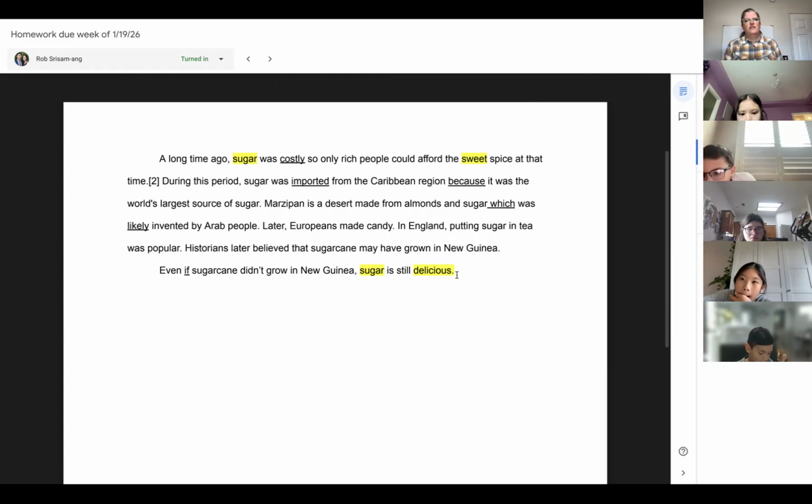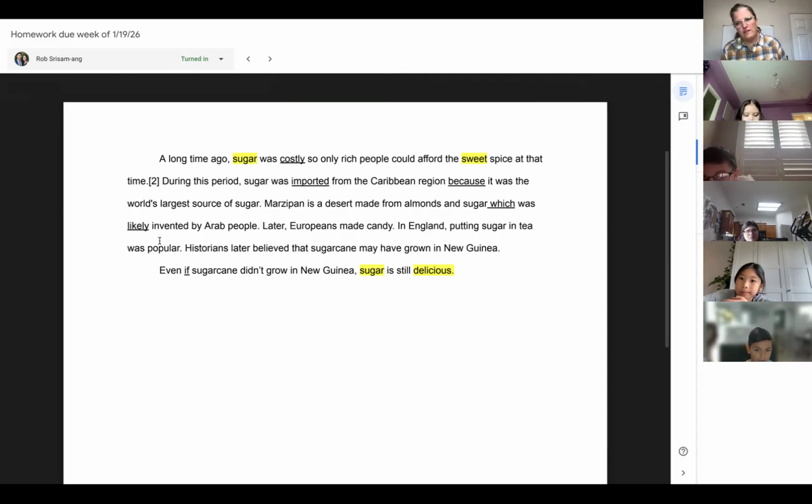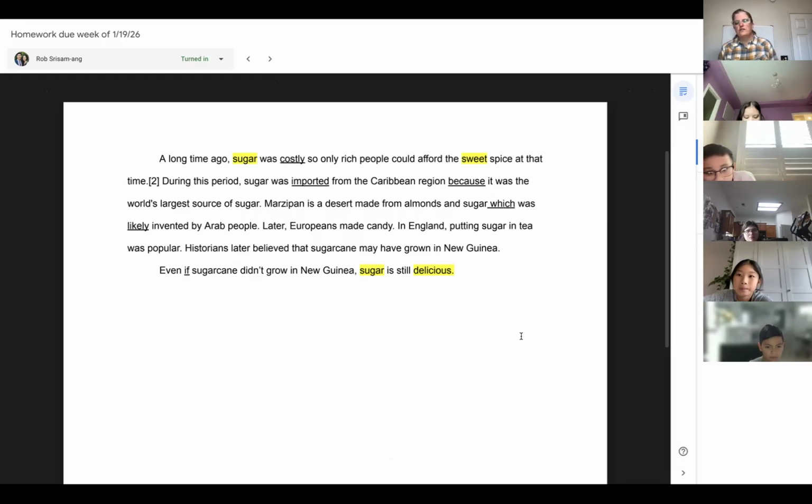So she's got her ly adverb, costly. She's got her strong verb, imported. She's got her because clause here. Another ly adverb over here. You don't really need to underline both, but just underline one. And then which. She's got her which clause. And she didn't use any of the banned words.